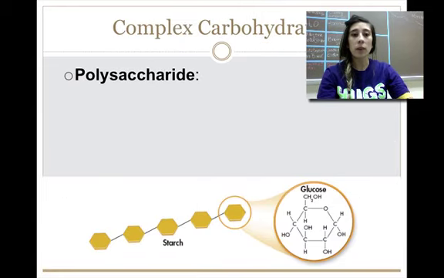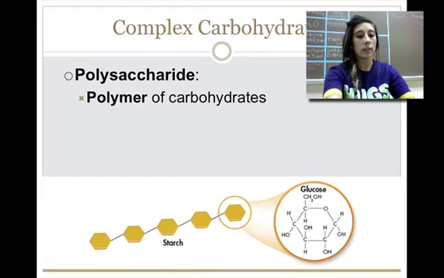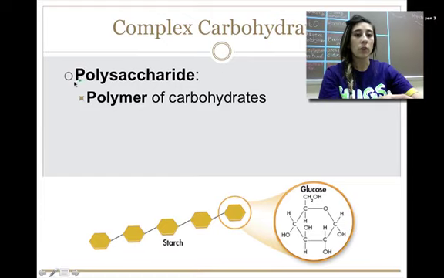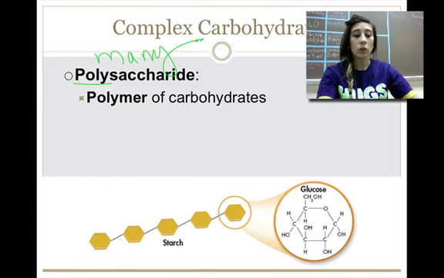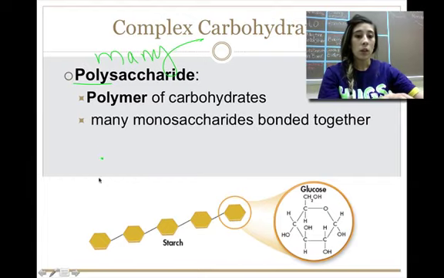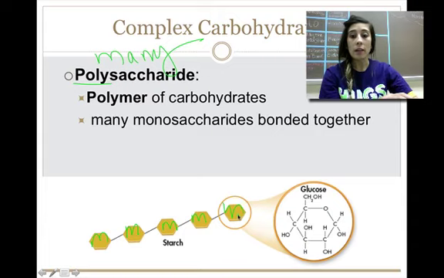And the last type of polymer is a polysaccharide. Poly, that prefix is referring to many. So a polysaccharide has many monosaccharides put together. So if you look at that picture below, you can see that this is a monomer, that one is a monomer, this one is a monomer, this one is a monomer. And that equals glucose.